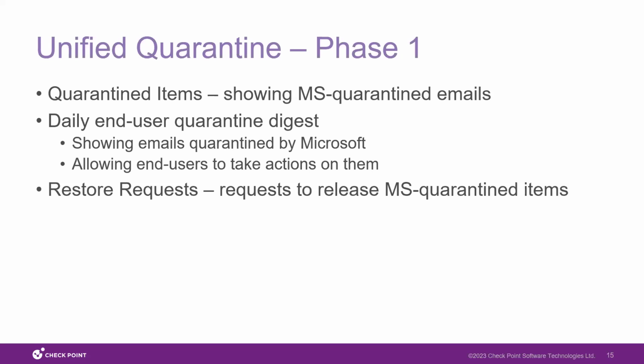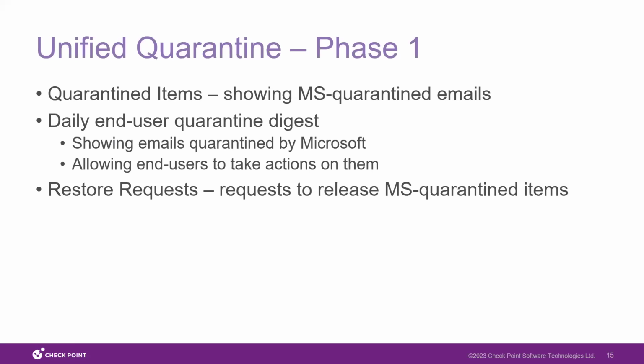So we've also invested to make that user experience better. You disable the digest from Microsoft, and because of our integration, we can send a consolidated digest to all your users. It shows everything quarantined by Checkpoint and everything quarantined by Microsoft, and if you configure it, we can let users release messages, even based on Microsoft's decision.